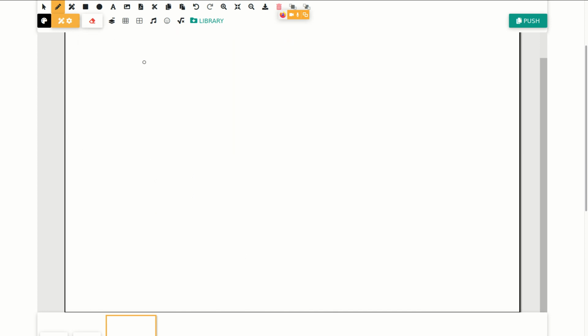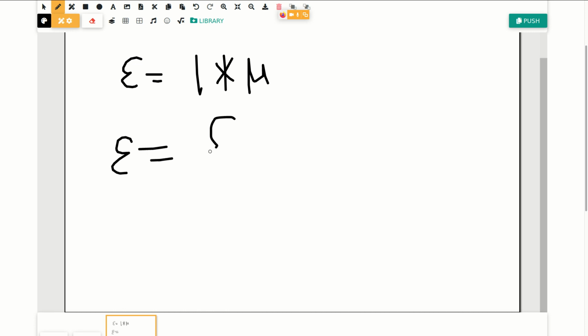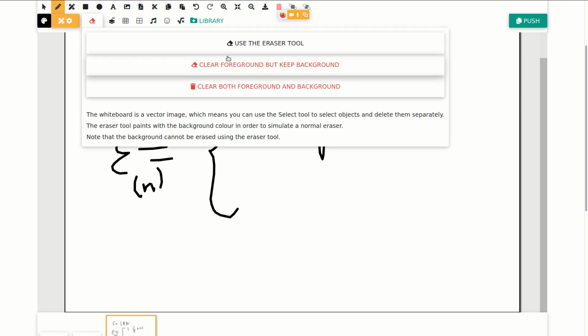So epsilon. I'll explain what these symbols mean right now. The identity function convolved with mu is equal to epsilon.